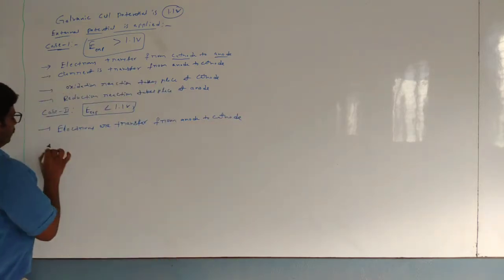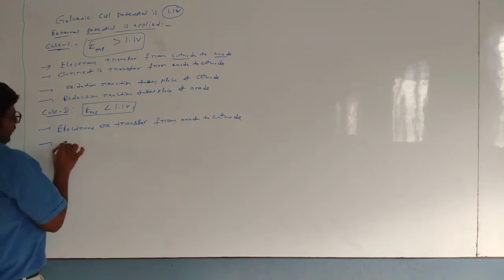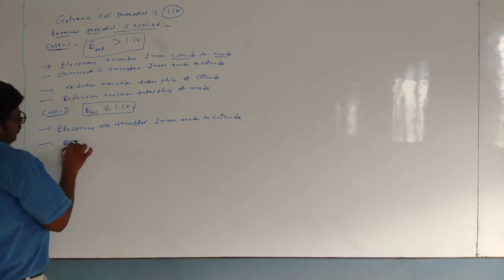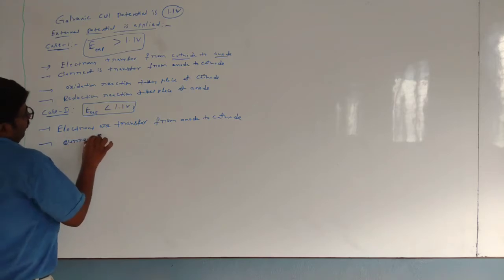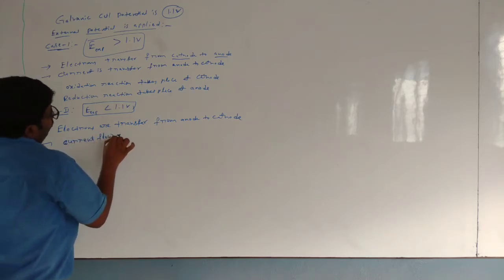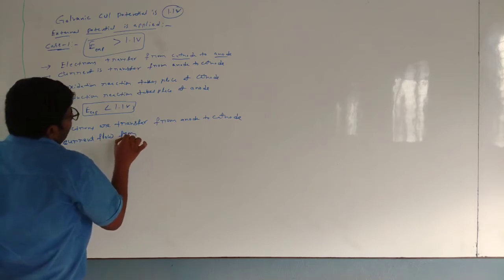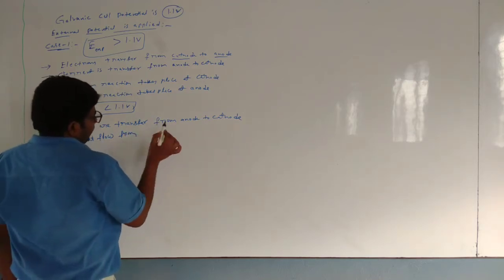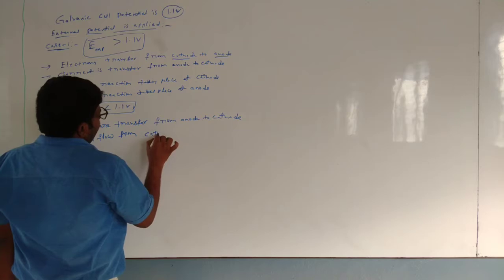So the electric current flows from cathode to anode.